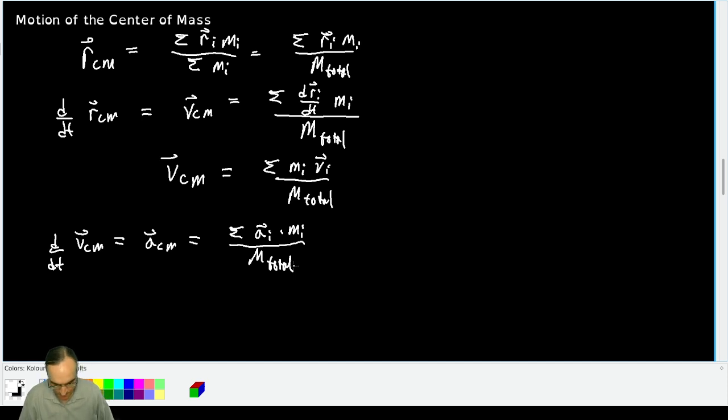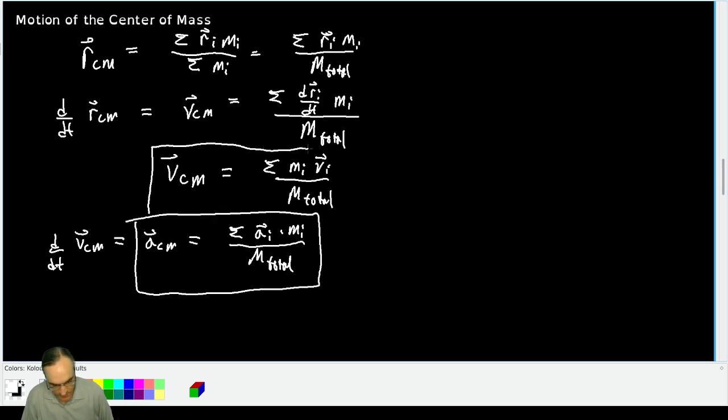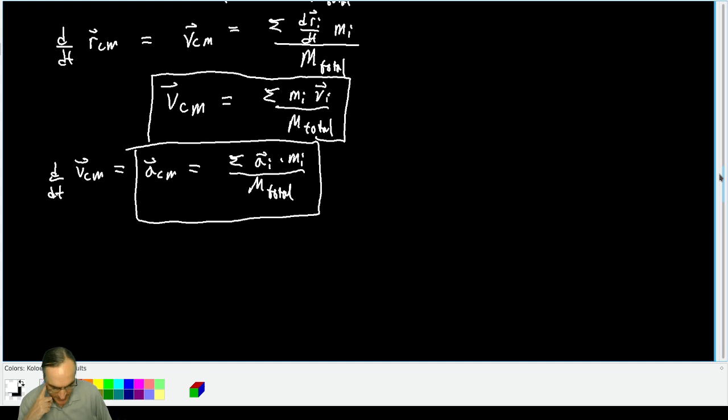Okay. So we have two equations here of note, one for V_CM and one for A_CM. We're going to think about that A_CM one a little bit. If we take A_CM and multiply it by M total, that is just equal to a sum of all the individual accelerations times the individual masses.